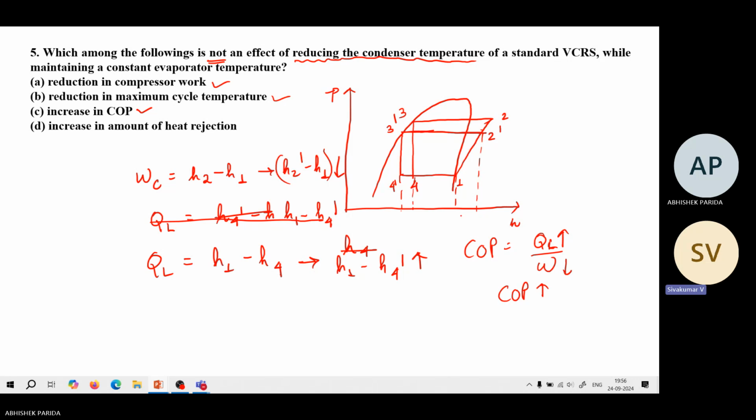Correct. So earlier Q rejection was H2 minus H3. And now QR dash is H2 dash minus H3 dash. So in which case do you find there is more heat rejection?